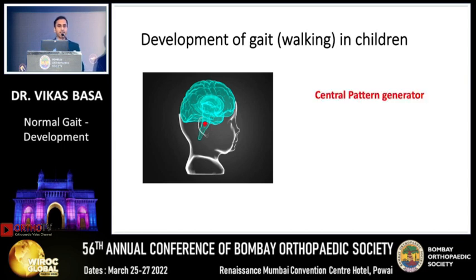The central pattern generator, which is located in the brainstem, is a neuronal organization which initiates the gait, and it also controls the firing of muscles during the gait cycle. The descending neural pattern, along with the peripheral modifications, actually executes the locomotion. So the journey of gait actually begins from here.